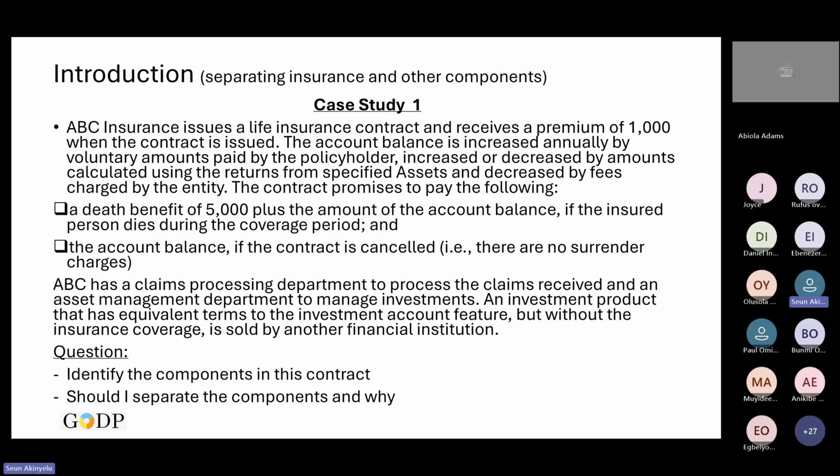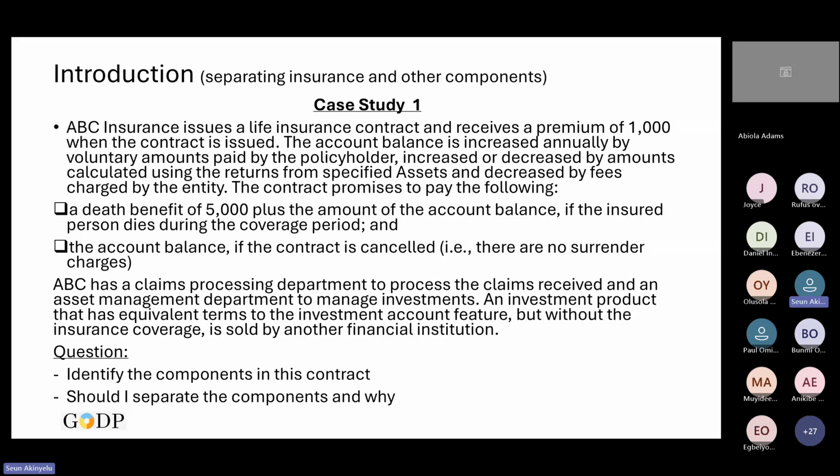ABC has a claim processing department to process the claims received and an asset management department to manage investment. An investment product that has equivalent terms to the investment account feature, but without the insurance coverage, is sold by another financial institution.